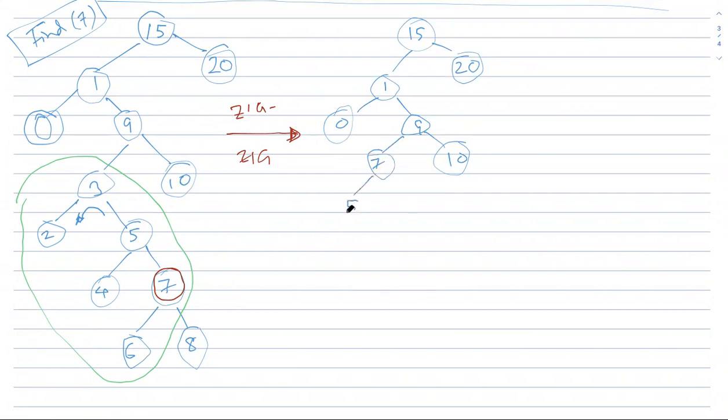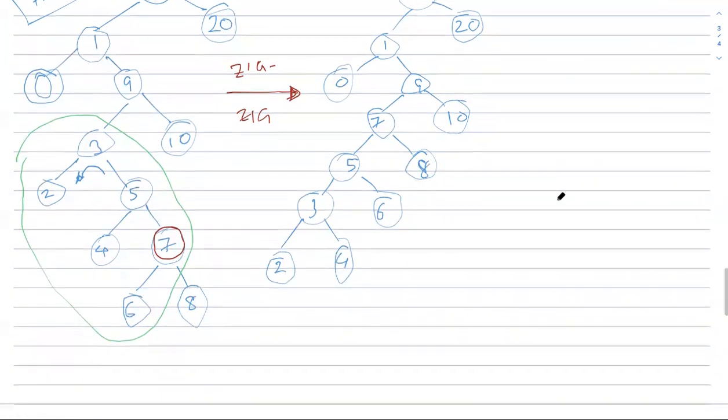So 7, 5, 3. And we just maintain the order. So 2, 4, 6, 8 was the order. 2, 4, 6, 8. So that order needs to be maintained. So 2, 4, 6, 8. And I'm done with the zig-zig rotation.